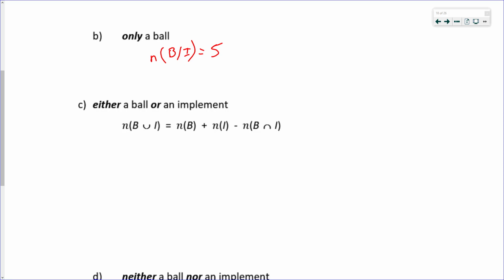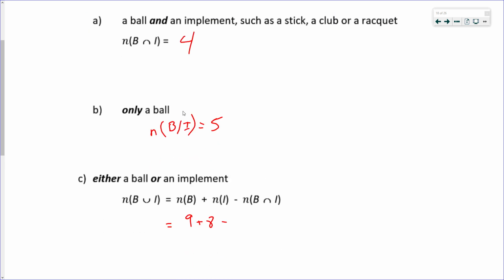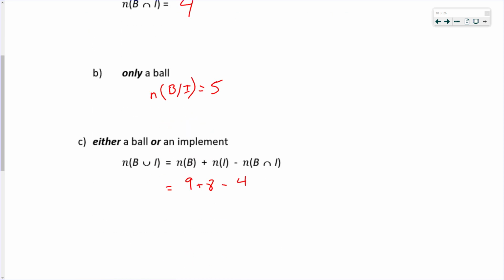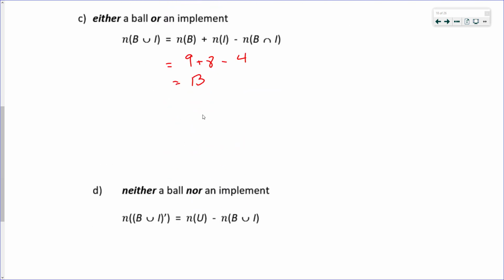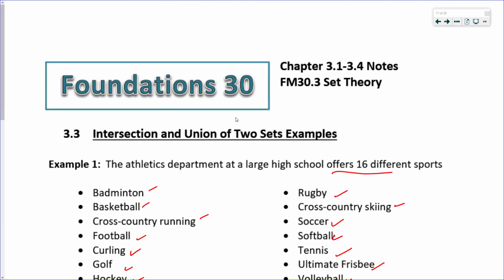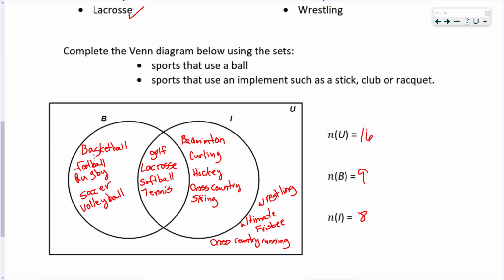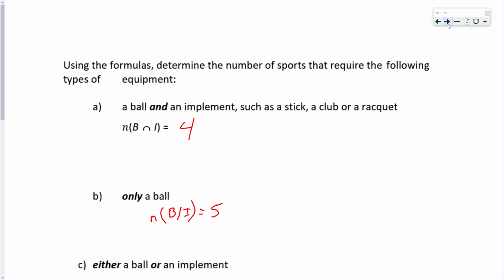So I have 9 for B, I have 8 for I, and then there was this 4 for the overlap. So 9 plus 8 minus 4 works out to be 13. So I got 13 sports all together that I'm dealing with. So I can go back here just to double check. So 1, 2, 3, 4, 5, 6, 7, 8, 9, 10, 11, 12, 13. So I've done my math right there.